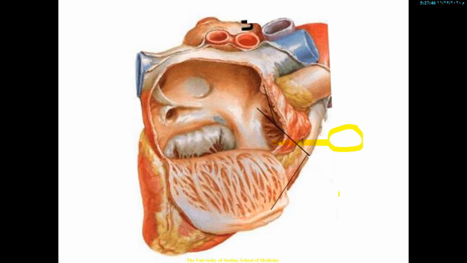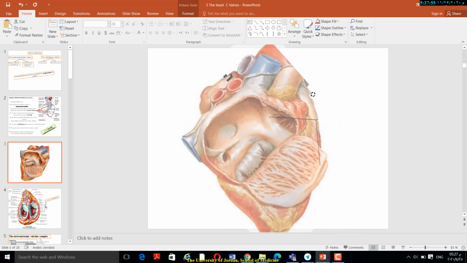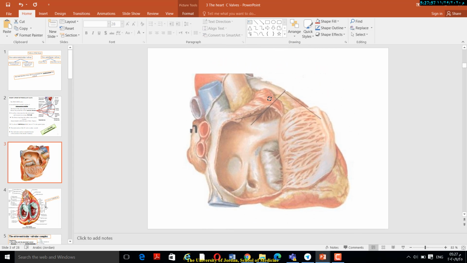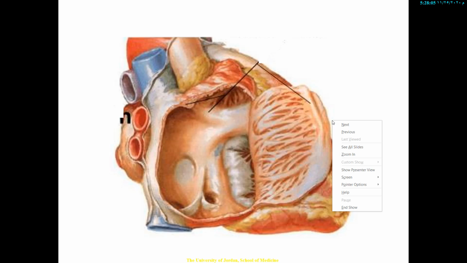Now, we know that this is not the case, and therefore when we put the heart in its anatomical position, you can now see that the tricuspid valve is vertical in its position.